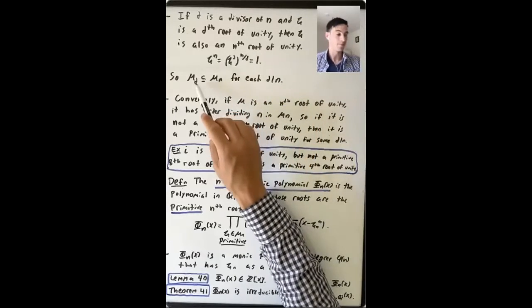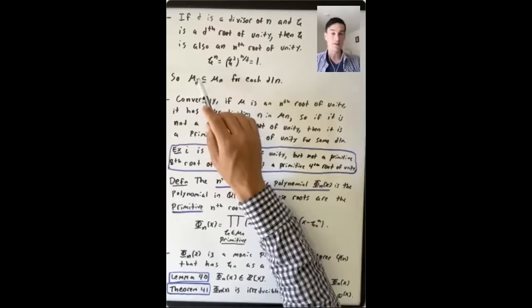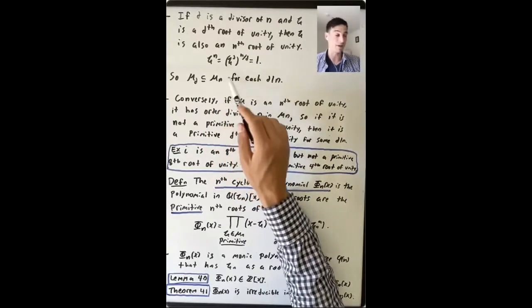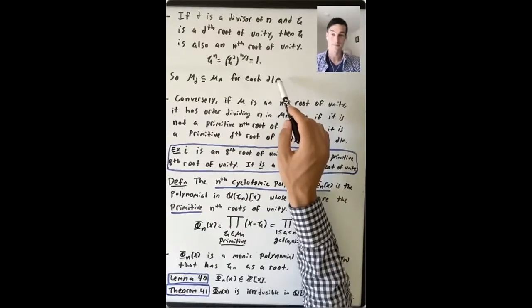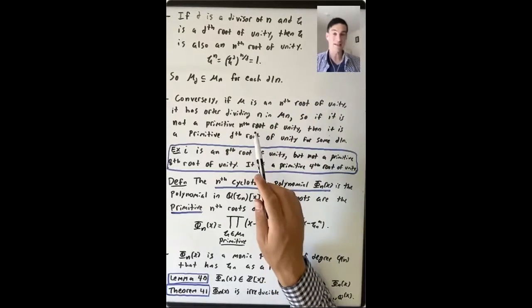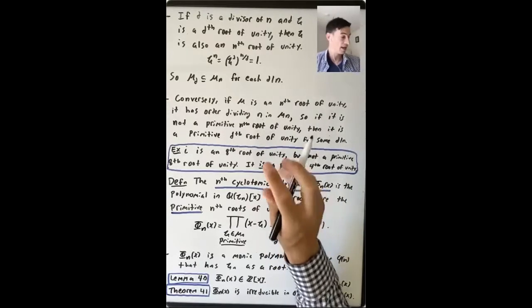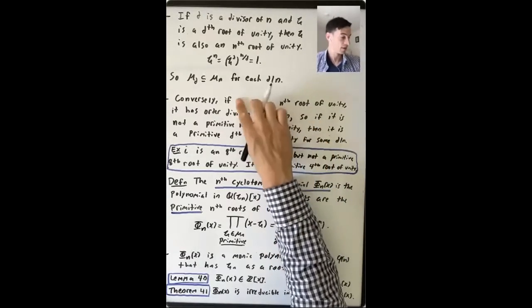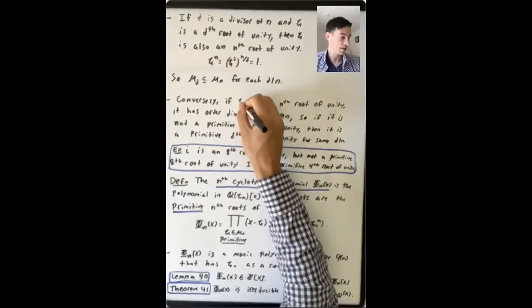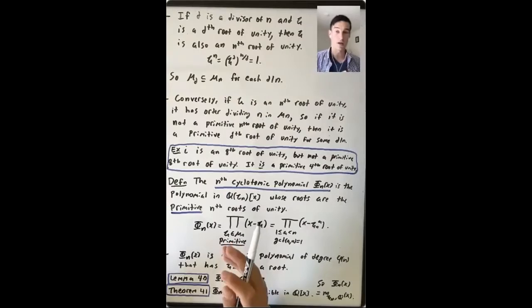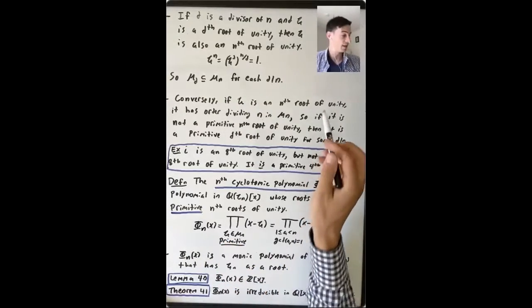So what does that mean? The group of dth roots of unity is contained in the group of nth roots of unity for each d dividing n. So let's think about a kind of converse. If zeta is an nth root of unity, what is its order in this group of nth roots of unity?